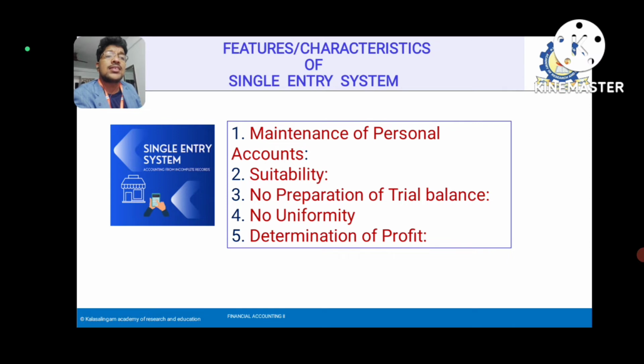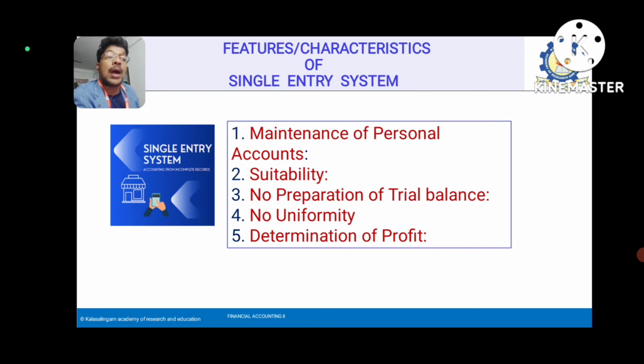In some cases, the cash book and other subsidiary books are also prepared. Another feature is suitability. This system is suitable for small businesses like sole trader or partnership businesses, as I have already told you.